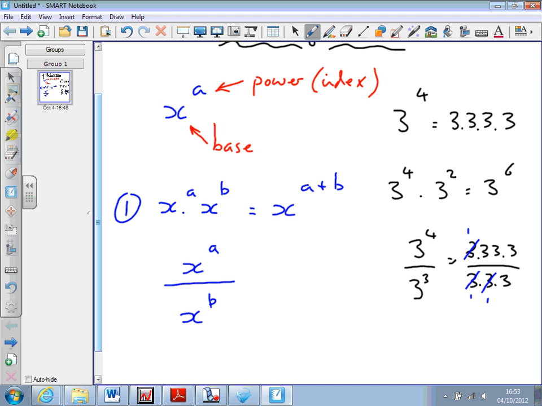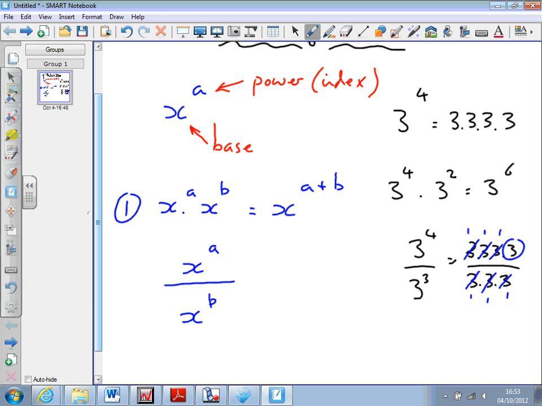So I could cancel out 3 of the 3's on the top and replace them with a 1, and 3 of the 3's on the bottom and replace them with a 1. So I end up just with 3 to the power 1 effectively.